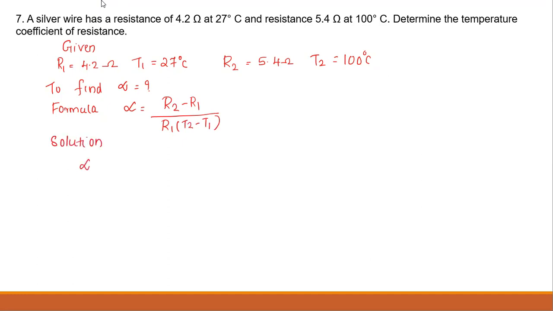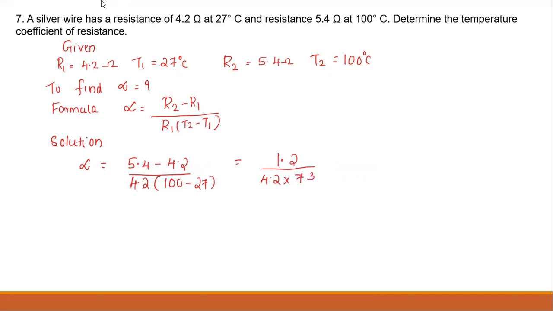That is, alpha is equal to R2 is 5.4 minus 4.2 upon R1 is 4.2 into 100 minus 27. That is equal to 5.4 minus 4.2 is 1.2, divided by 4.2 into 100 minus 27 is 73.